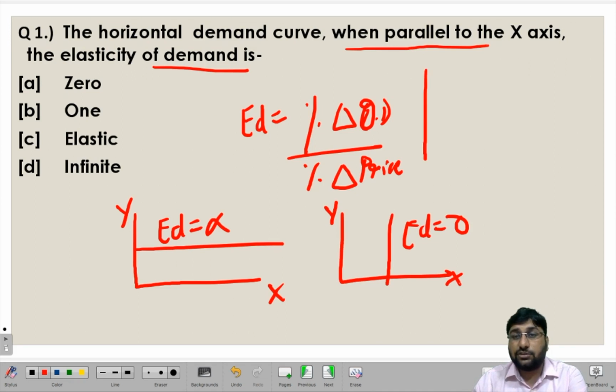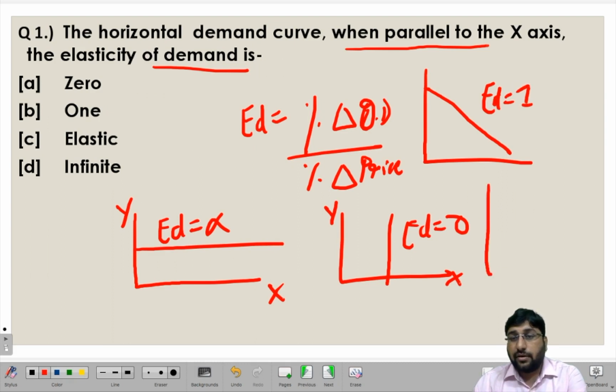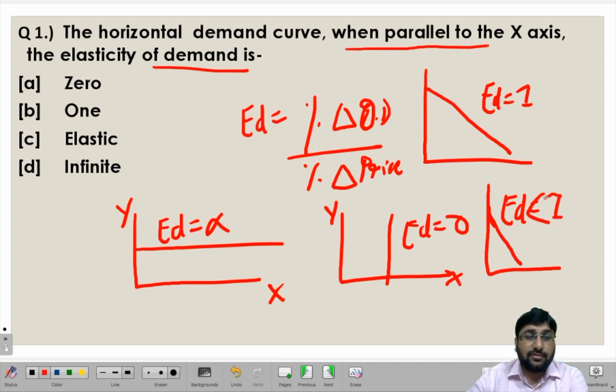If it is a downward sloping curve, the elasticity is equal to 1. If it is a steeper curve, the elasticity is less than unity. And if the demand curve is a flatter curve, the elasticity is greater than 1.